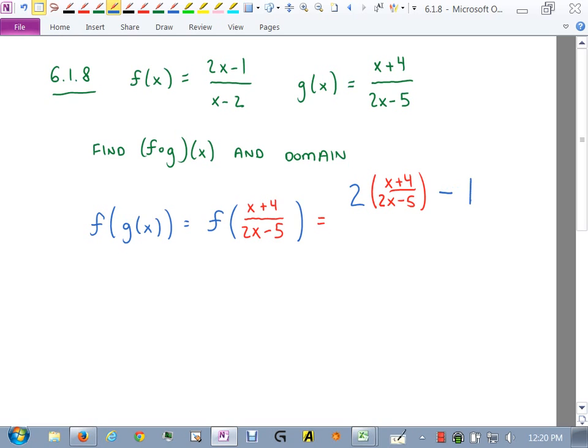Then minus 1 up there still, right? All over x plus 4 over 2x minus 5, minus 2. Give me a quick second.